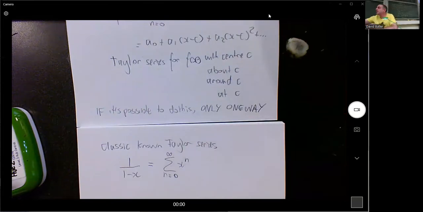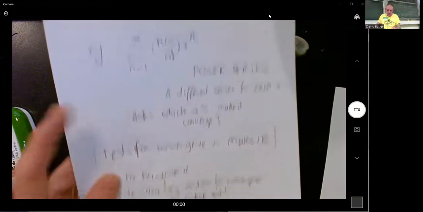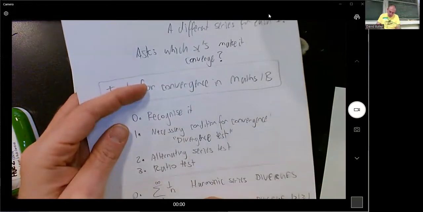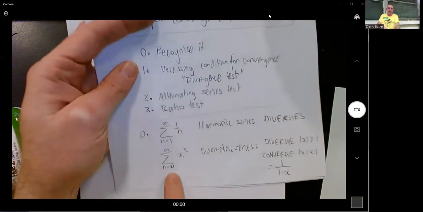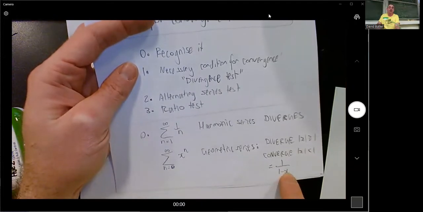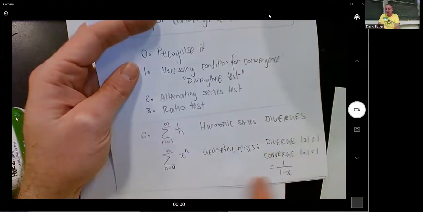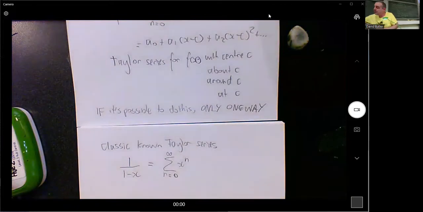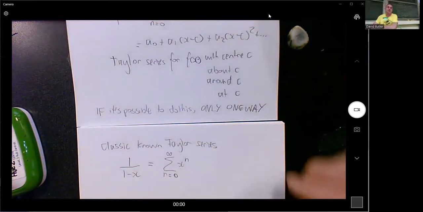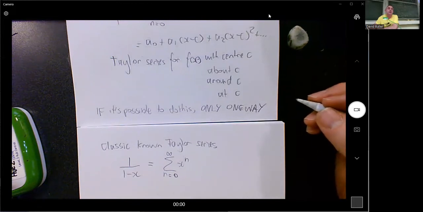Oh crap, I think I wrote something wrong on my previous pages. Back here when I do the geometric series, it has to start at 0 in order to come out to this sum. It doesn't have to start at 0 in order to tell whether it diverges or not, but it has to start at 0 if it wants to be this sum. So that's the secret there. Geometric series is a Taylor series. It's a Taylor series with center 0.